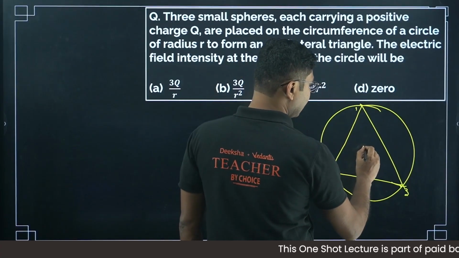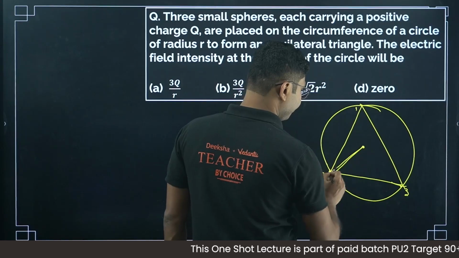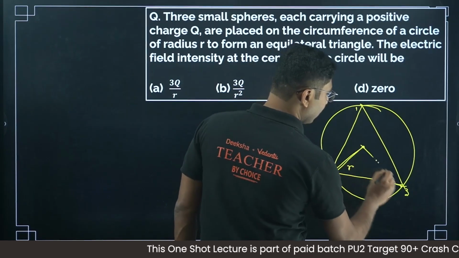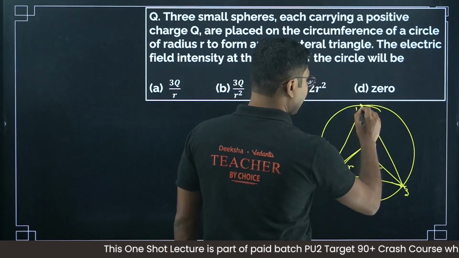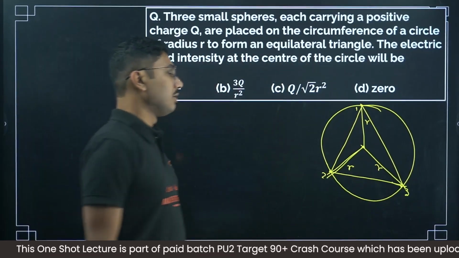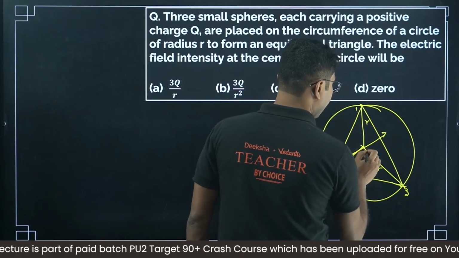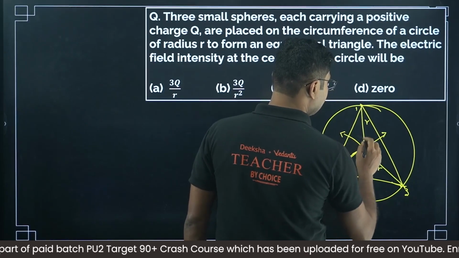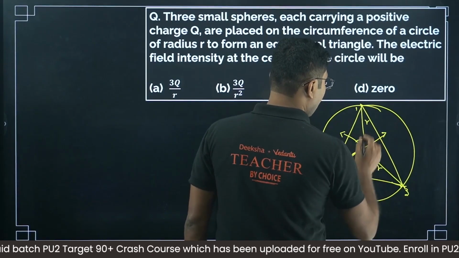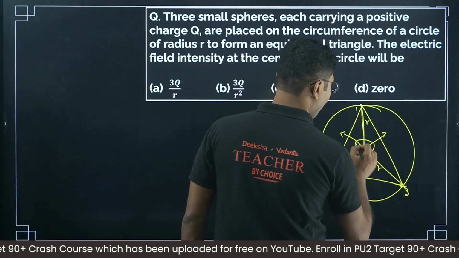Now if you consider this is the center, then this will be the radius r, this will also be the radius r, and that will also be the radius r. Because it's an equilateral triangle, by geometry you can show that the angle between the forces will be 120 degrees.